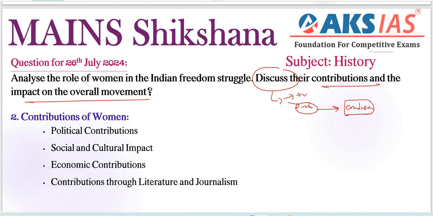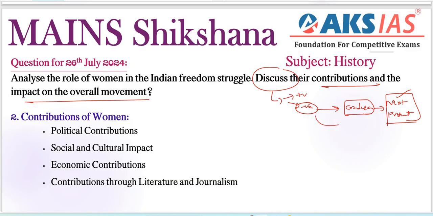Okay, regarding the conclusion, for history there is no futuristic conclusion. For history, the conclusion is just next developments and present relevance. We can write these types of inputs in the conclusion itself.